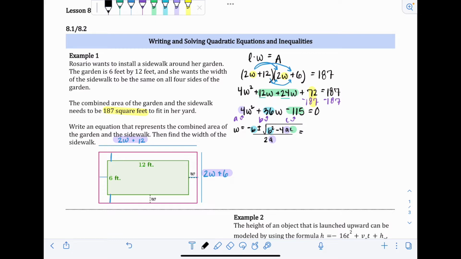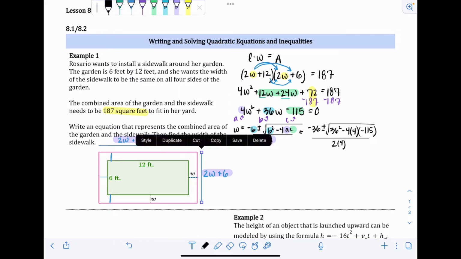So b was 36, so negative b would become negative 36, and then plus or minus the square root of b squared, so 36 squared minus 4 times a, so times 4 times c, so times negative 115. And then all over 2a, so 2 times 4. And then we'll just work on simplifying the inside of the radical.